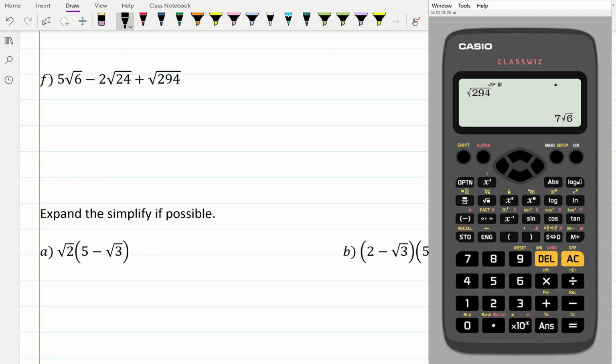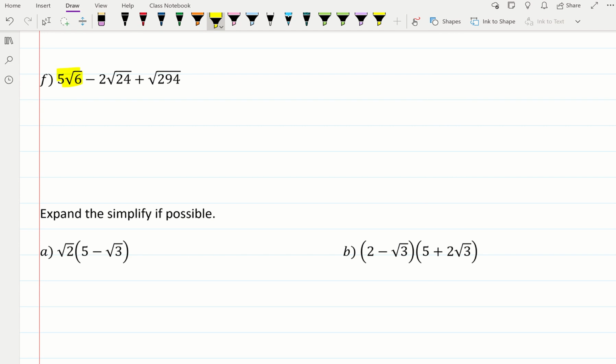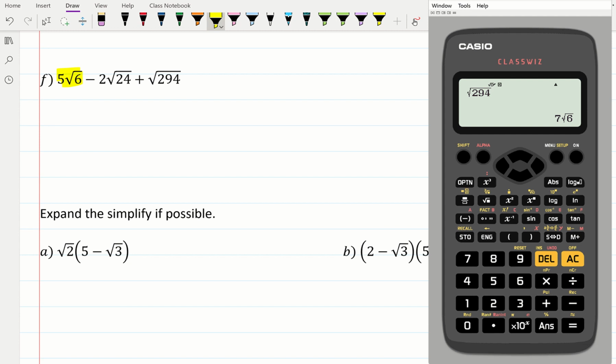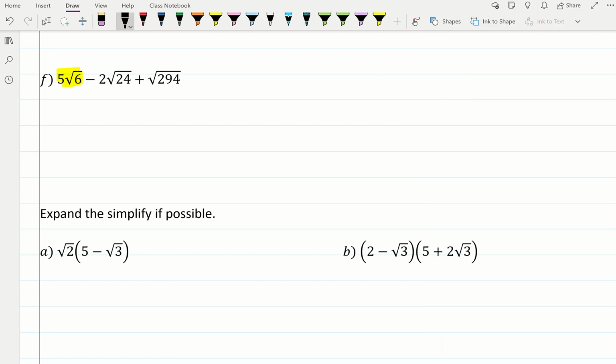I'm interested in the root 6 because of the root 6 here, because to simplify, I need to have like roots. So this has come from root 49, that's where the 7 came from, times root 6, which is 7 root 6. And the 24, I've got negative 2 times root 24.